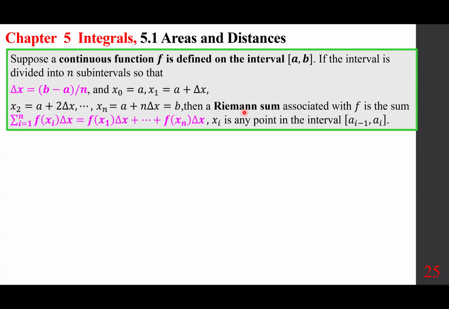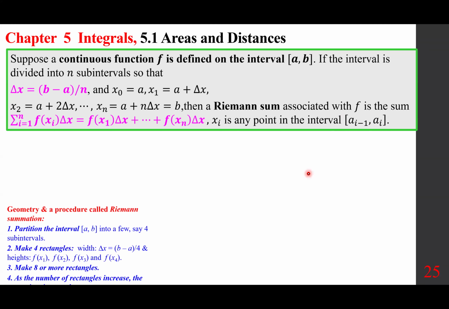Then a Riemann sum associated with f is the sum of f of x sub i delta x as i goes from 1 to n. x sub i is any point in that subinterval, from x sub i minus 1 to x sub i. That means you could use the left, the right, the midpoint, any point. Makes no difference because none of them gives you the answer. Each one is an approximation.